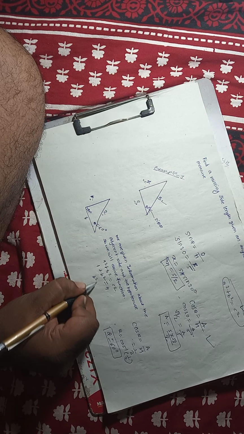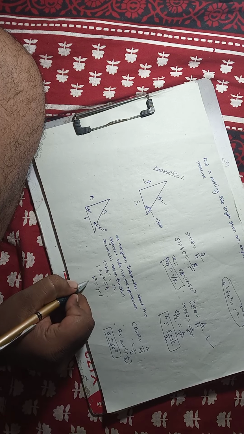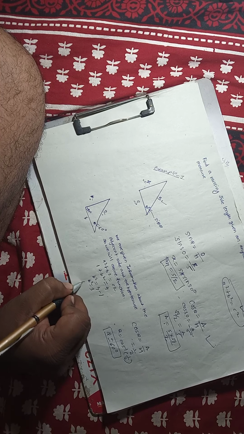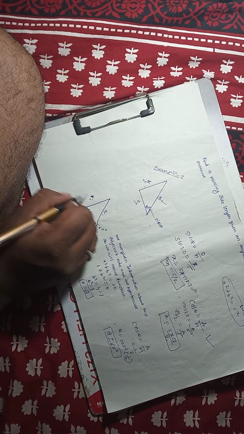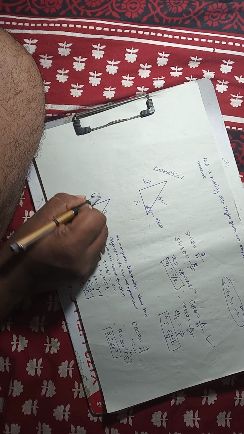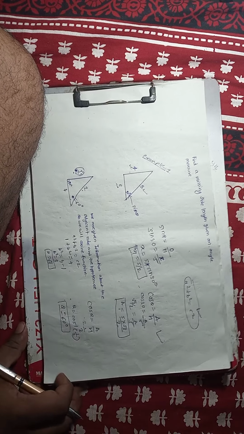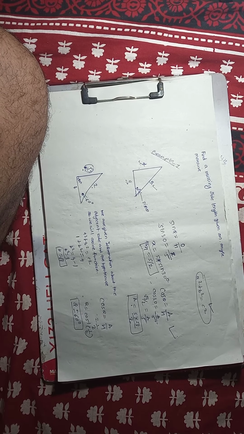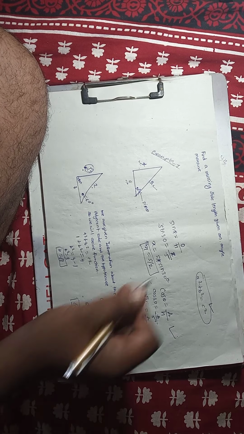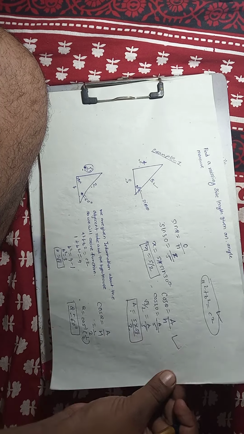So b square is equal to 4 minus 1. So b square is equal to 3, b is equal to root 3. So the opposite value is root 3. So both ways we have calculated the values of the angle theta and the side in both examples.